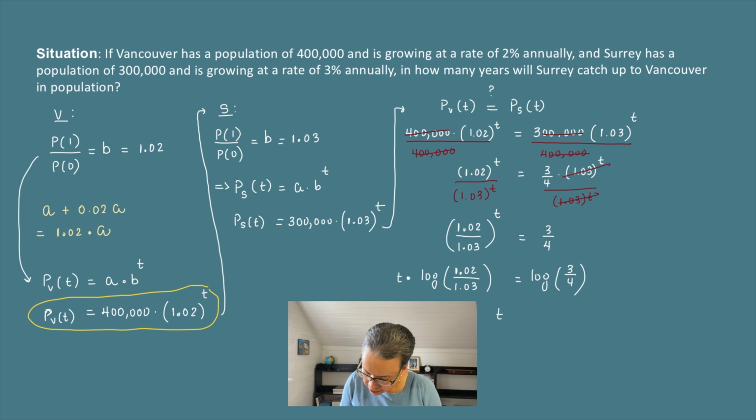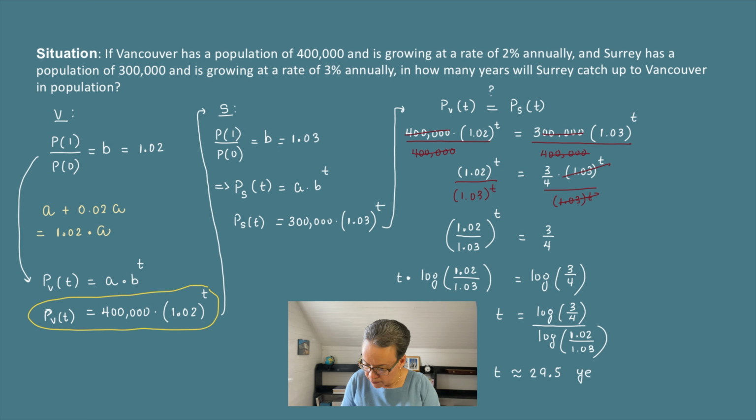So then t is going to be equal to the log of 3/4 divided by the log of 1.02 over 1.03. And at this point, we're going to get our calculators and we will enter all this to get a decimal approximation.